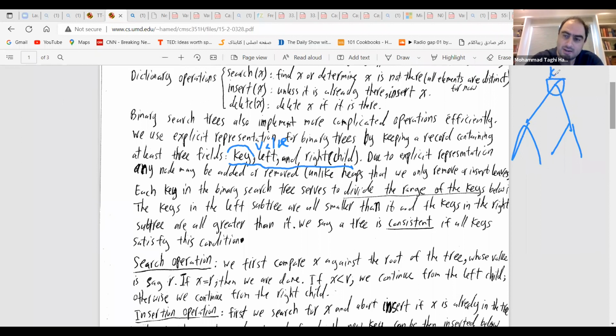All keys here are less than or equal to this, and all keys here are greater than or equal to, sorry.